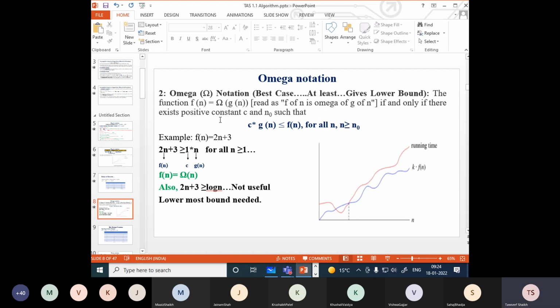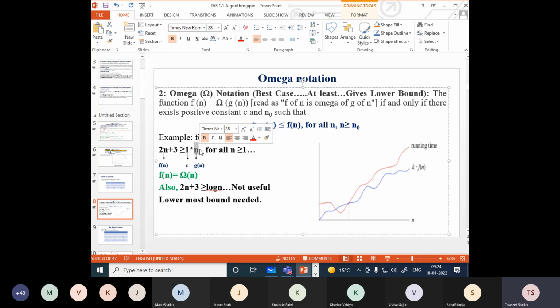So again, I won't take any other example. I will take the same f of n is equal to 2n plus 3. Now, I will try to find the omega notation of this. On the left hand side, 2n plus 3 is my f of n, greater than or equal to, on the right hand side there is n, because this is linear, so g of n will be linear in nature, n. Now I have to see which c I should multiply this n with, so that this condition will always get satisfied.